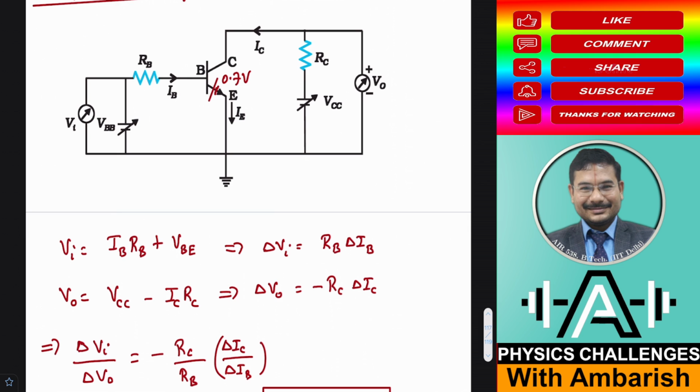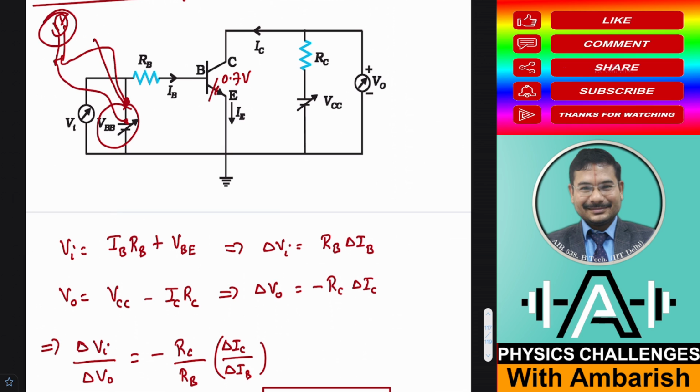So what will happen practically is, over and above this base biasing battery, let's say you want to amplify your voice signal. So you will start inputting, let's say you have a microphone, and you have the wires coming off the microphone. So you put one wire over here, one wire over here.